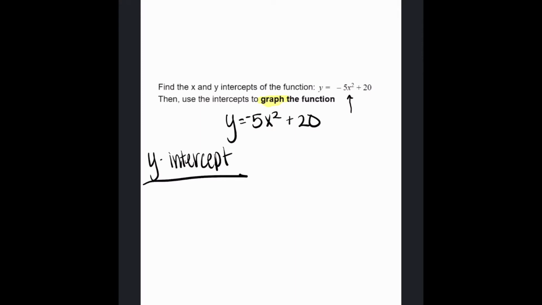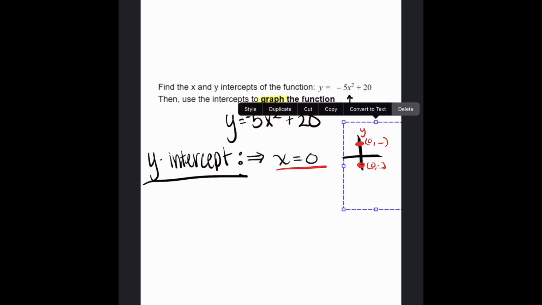So remember, in any type of equation, if you want to find the y-intercept, that means you have to set x equal to 0. Because remember, if we're talking about my y-intercept, that means it's where my graph is going to intercept the y-axis. No matter what point this is, my x will always be 0. Okay, so that's why we set x equal to 0. Just giving you a little background info.